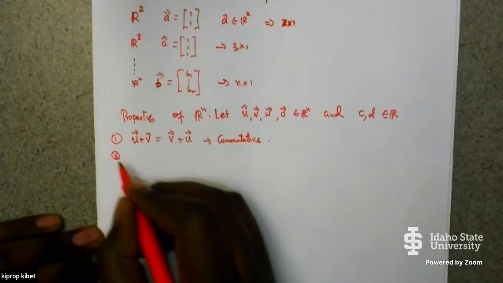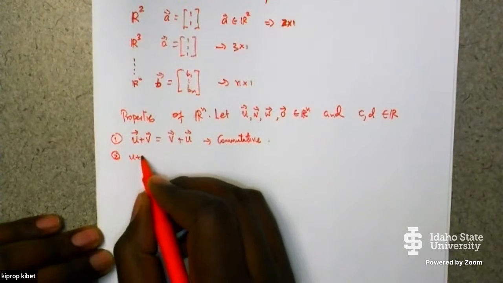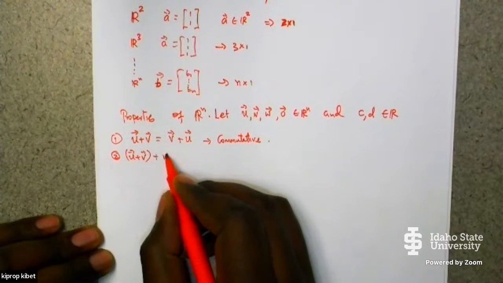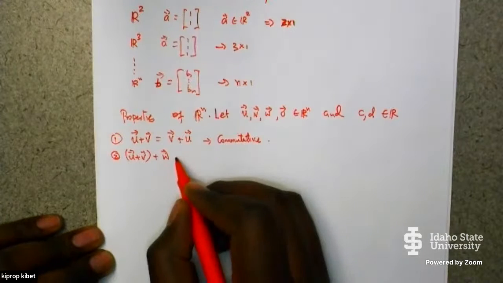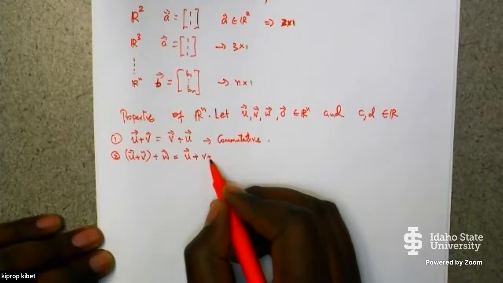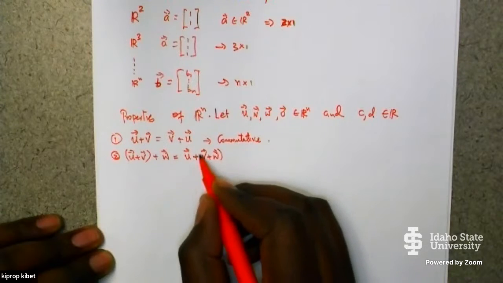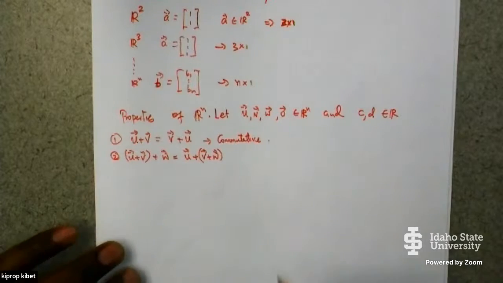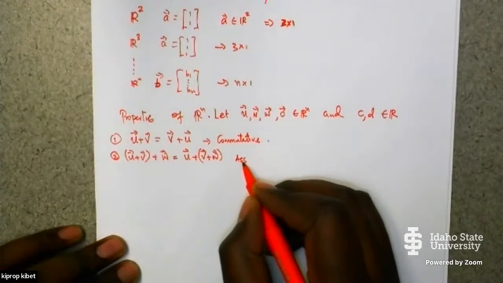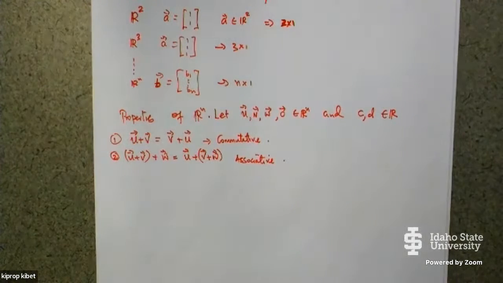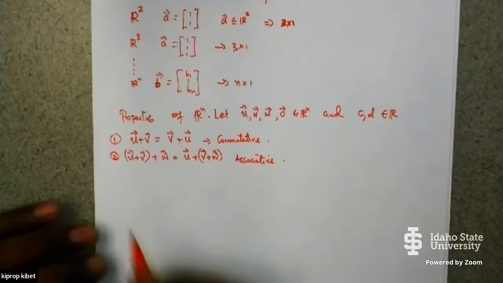Number two: if we add u plus v, and then we add the vector w, it is similar to adding v plus w first and then adding u. So this is associative.